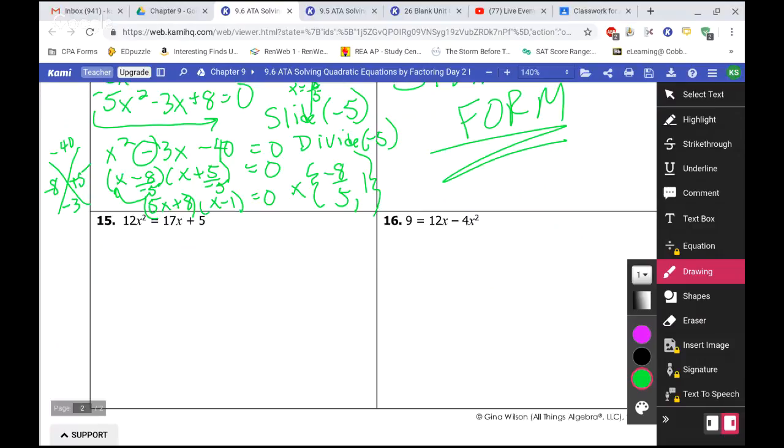To get something in standard form, 90% of the time all I'm going to do is move terms to one side. So I'm just going to be using inverse operations. I just need to get my 17x to the left-hand side and my 5 to the left-hand side. So how do I do that? Can I just move them?